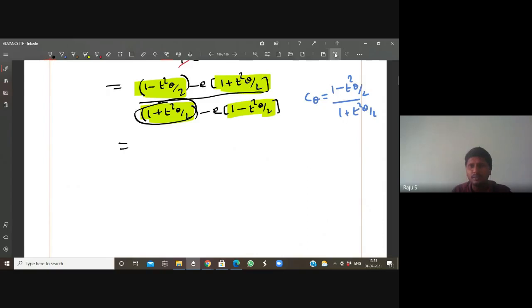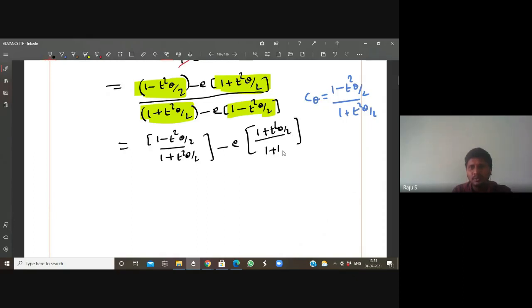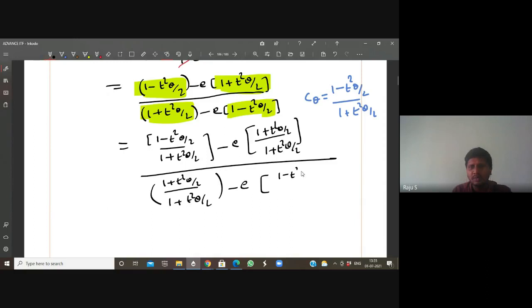So we get 1 plus tan square theta by 2 minus e, same 1 plus tan square theta by 2 by 1 plus tan square theta by 2, all divided by again 1 plus tan square theta by 2 by 1 plus tan square theta by 2, okay, minus e into 1 minus tan square theta by 2 by 1 plus tan square theta by 2.